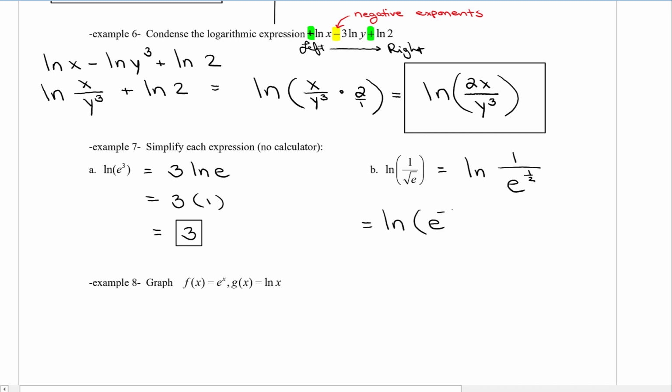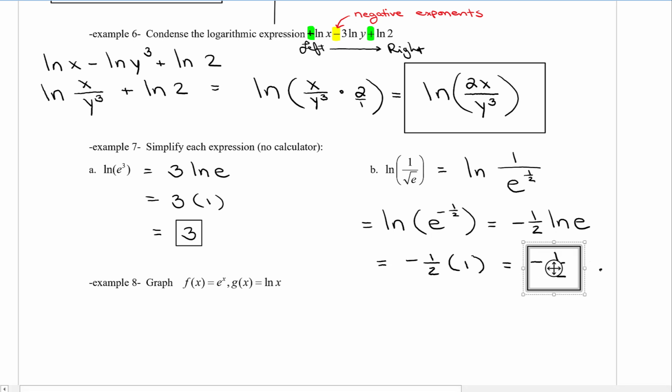And this is going to be equal to the natural log of, I'm going to write this inside a set of parentheses, e raised to the negative 1/2 power, close the parentheses, equals the same thing as negative 1/2 times the natural log of e, which would be equal to negative 1/2 times 1, which is just equal to negative 1/2, and I'm going to go ahead and box that answer in.